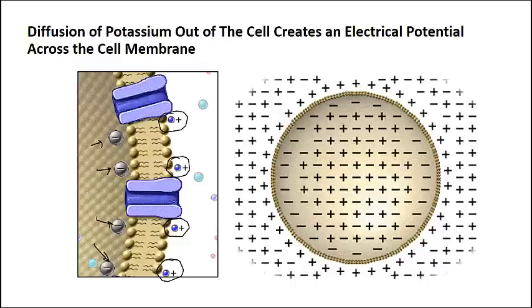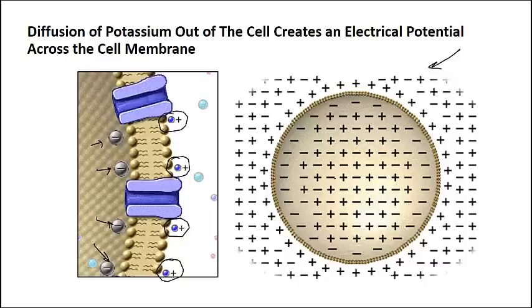So this separation of charge creates an electrical potential across the cell membrane, which is also shown by this picture. You see mostly negative charge in very close proximity of the cell cytosol, and very positive charge surrounding the cell outside.